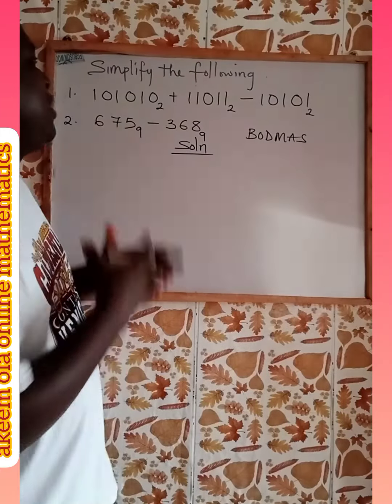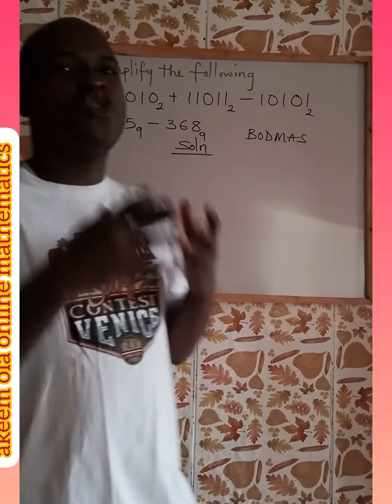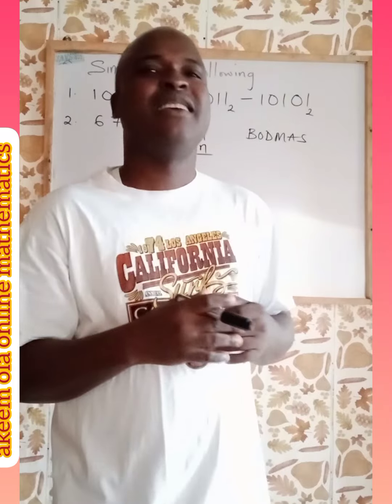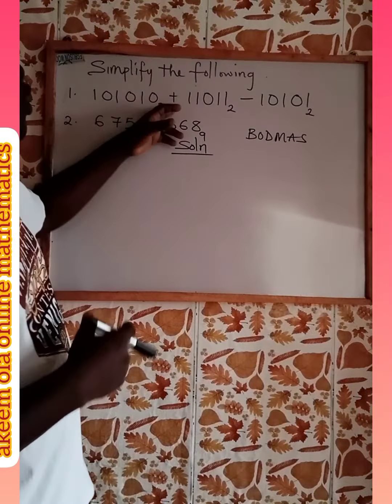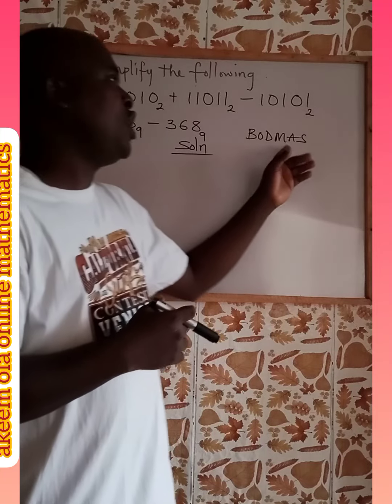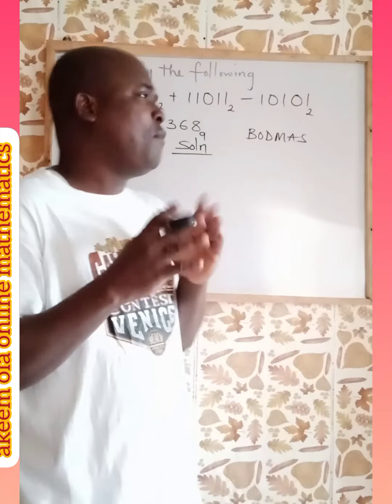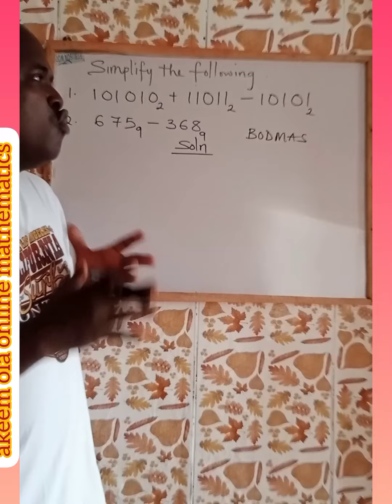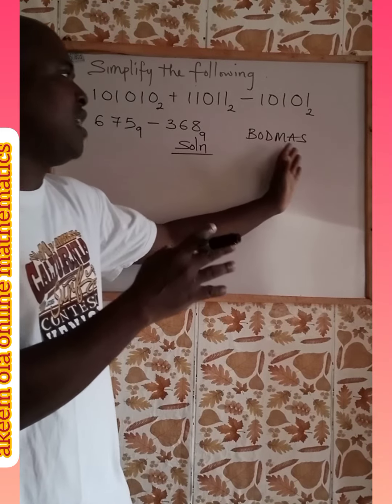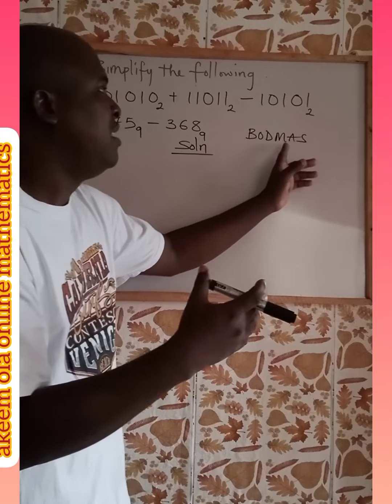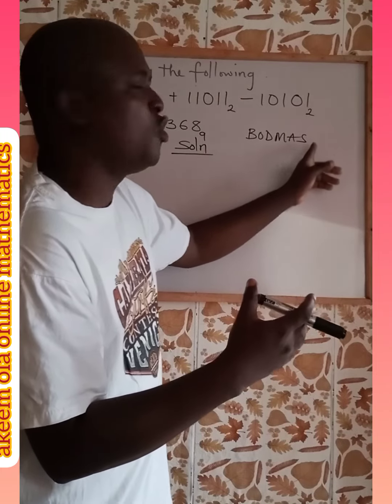Anytime you want to solve a question in mathematics and many signs are there, as in this case we have plus and minus, you are going to consider BODMAS, and look at the arrangement, because in this acronym, A, addition, comes before subtraction.